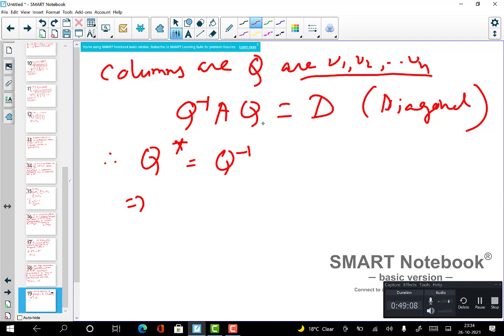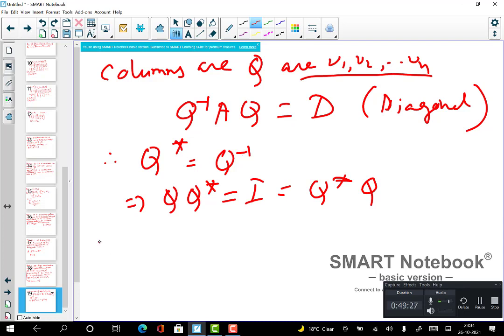So I need to prove this is a unitary matrix. What does that mean? That means I need to prove that Q Q star is identity, that is true here, and also Q star Q is identity, that is true because Q star equals Q inverse, right?